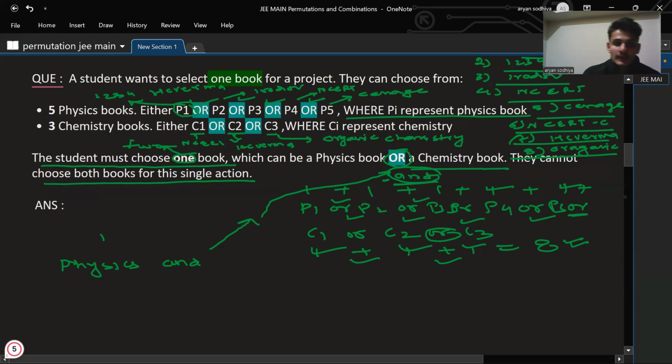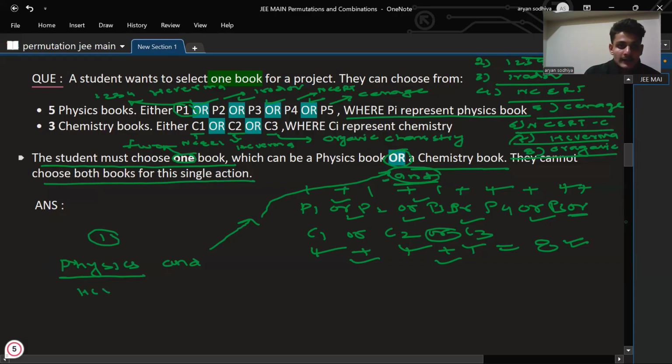Okay. So now, first of all, when there are two tasks you need to complete the first task first. Like if I need to select one physics book, I need to complete the first task first. I need to select one physics book. So in how many ways can you select a physics book?